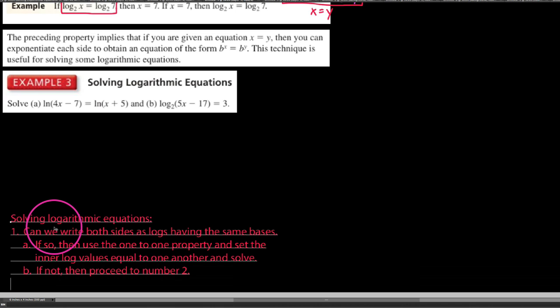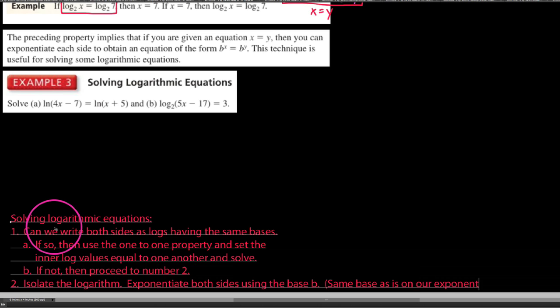Number 2, isolate the logarithm. Just like we would isolate an exponential base, we're going to isolate the logarithm. The next thing we're going to do is exponentiate both sides using the base b, the same base as is on our exponential expression.